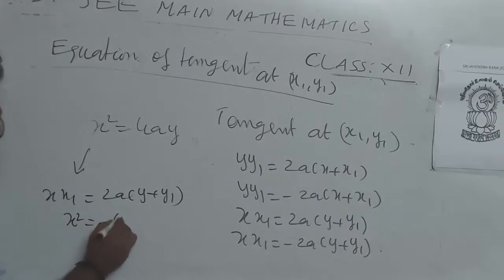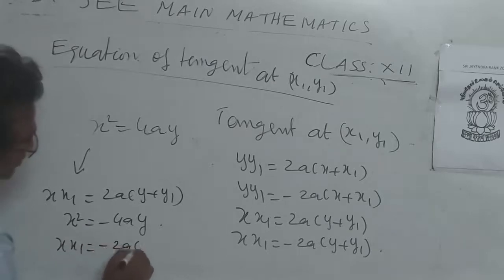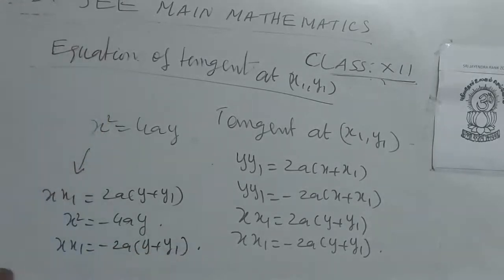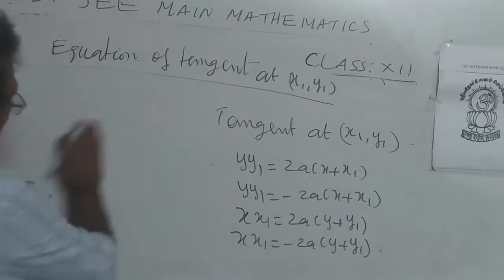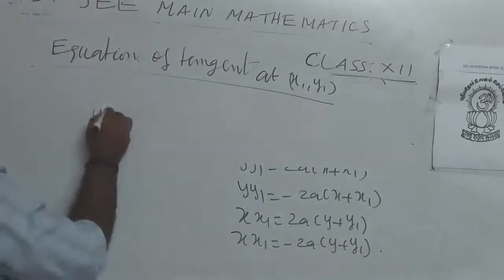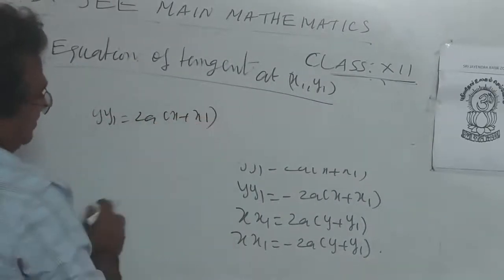For x squared equal to minus 4ay, x x1 equal to minus 2a into y plus y1.